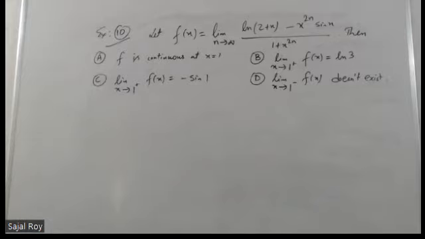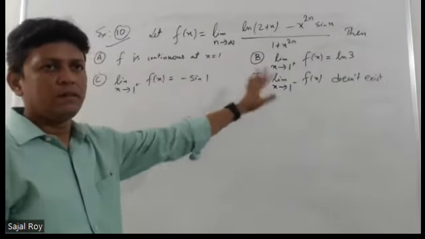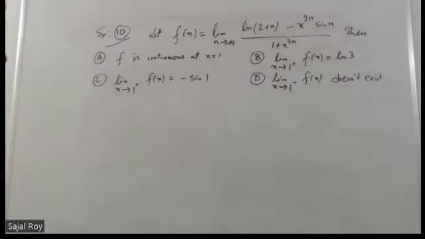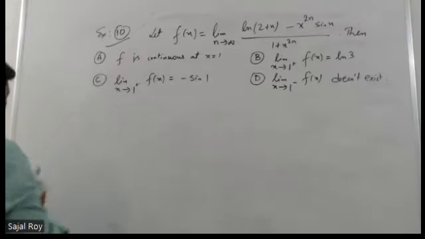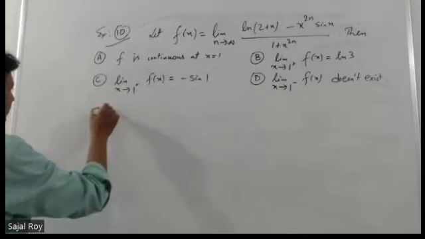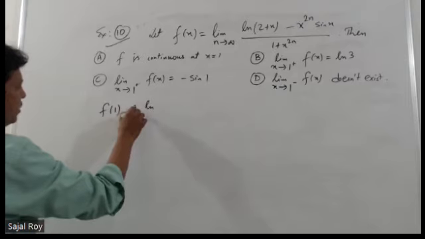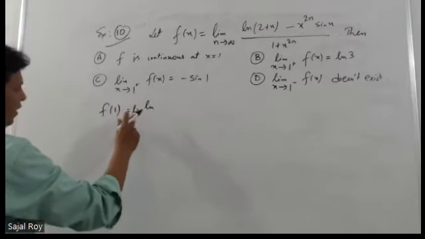It's a double limit actually. n goes to infinity is one of the limits, and another limit is x tends to 1. So you have double limits. It's a problem of double limits. Acha, what is your f(1)? f(x) is given, so can you calculate f(1)? n will not be there.